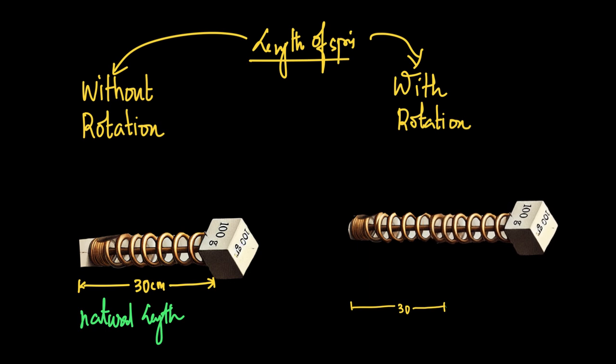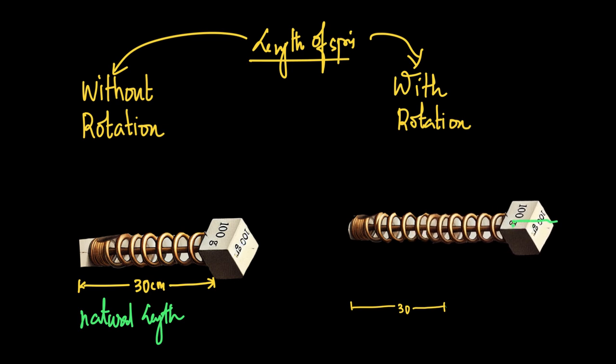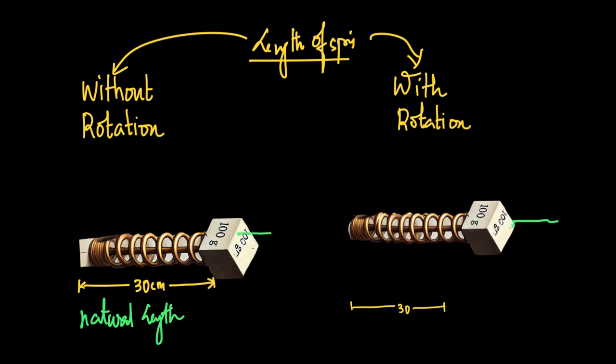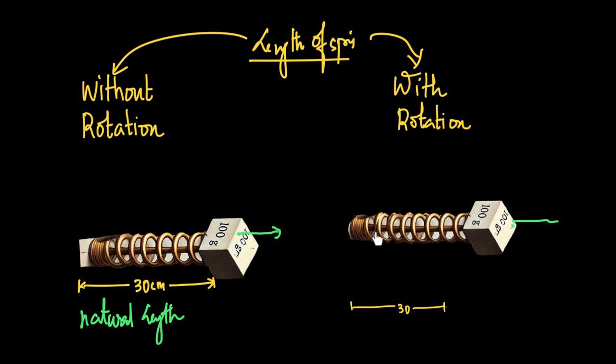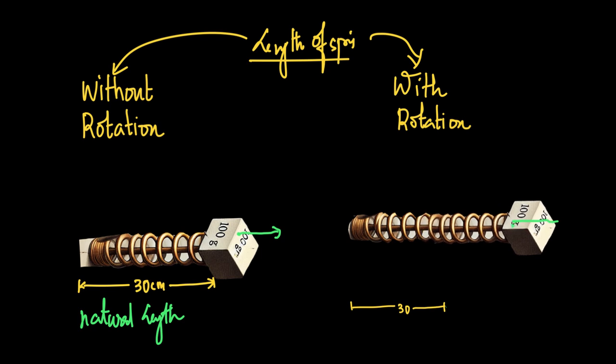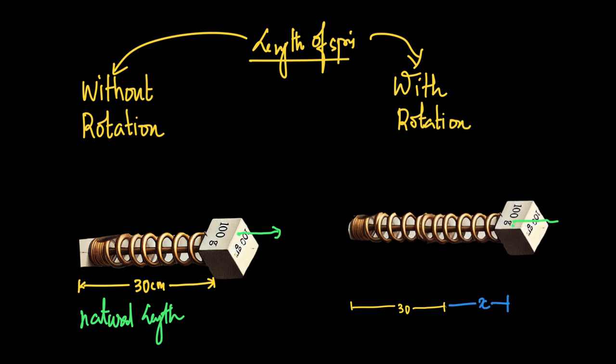But when you rotate it, this mass will tend to pull the spring towards the direction of motion, and therefore it will result in an extension of the spring. Or in other words, the length would be the natural length plus an additional length, say x. Okay, so this is the primary thing.